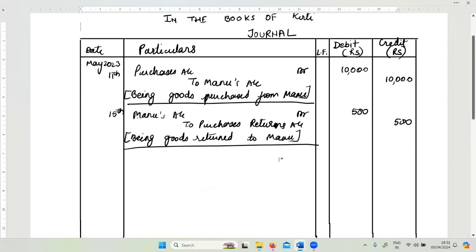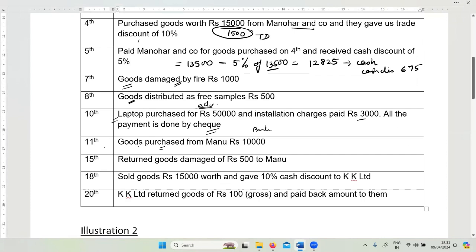Next, we have the transaction on 18th. Sold goods rupees 15,000 worth and gave 10% cash discount to KK Limited. Now, will KK Limited be written anywhere? No. KK Limited account we don't need because we are talking about cash discount.